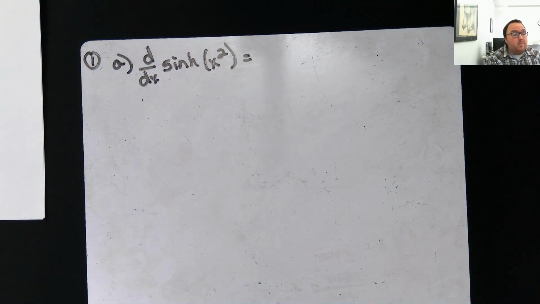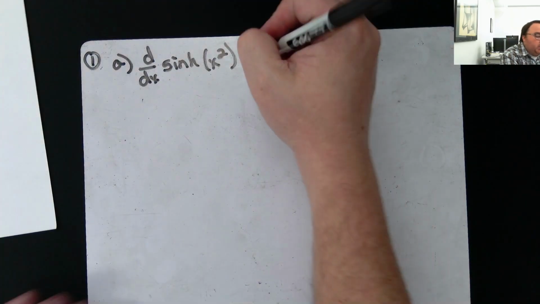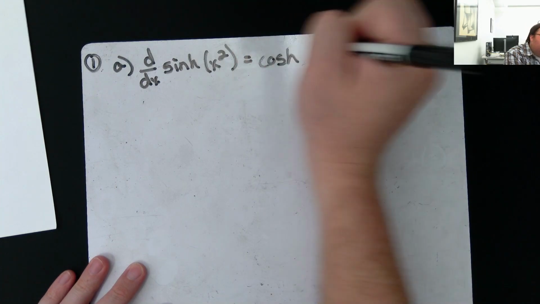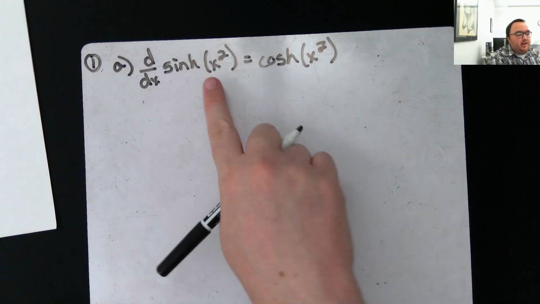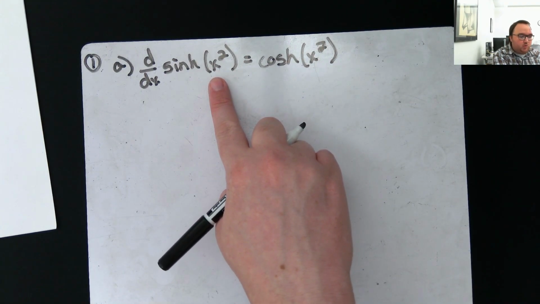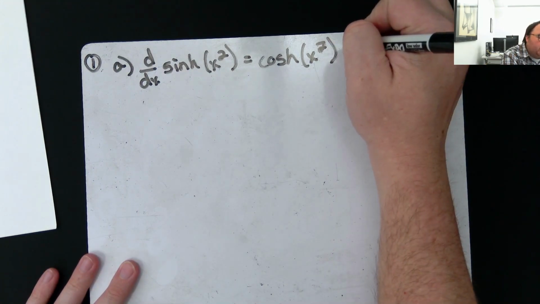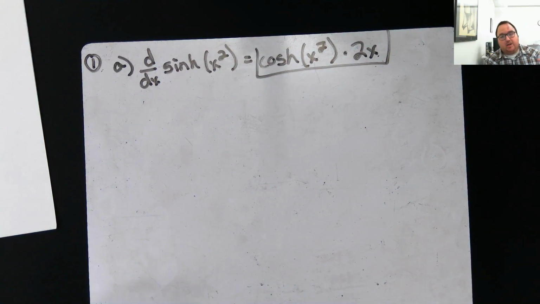Well, from the rules I have, I know that the derivative of hyperbolic sine is equal to hyperbolic cosine. So to start with, I know that's hyperbolic cosine of x squared. But since I have an x squared in here, I need to multiply that by the derivative of x squared. The derivative of x squared is 2x. That's all I've got to do.